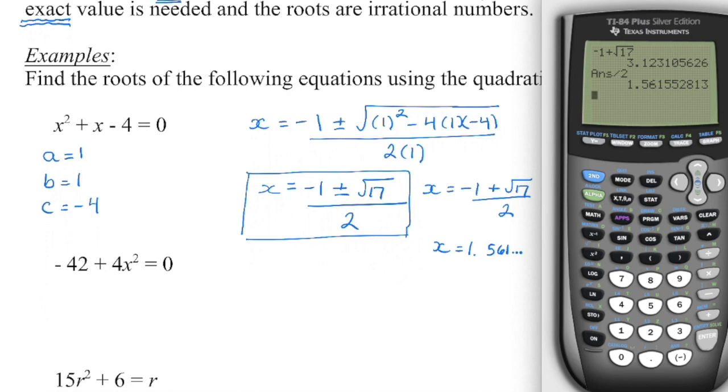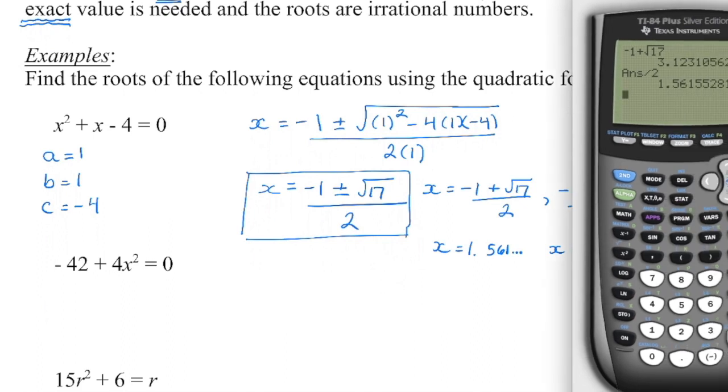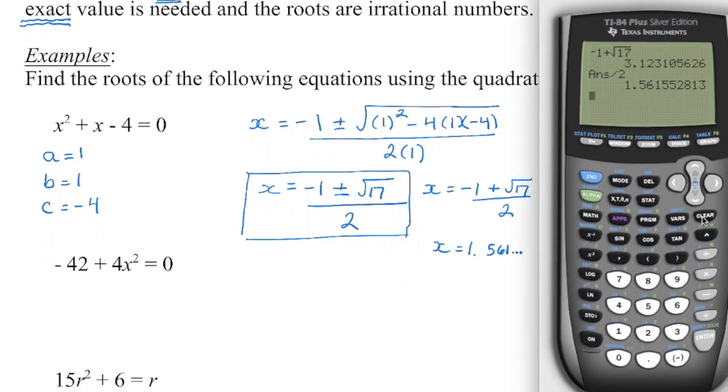And then if I were to do the second one, I'm just going to slide this over, I'm going to do the same thing, but I'm going to do the minus. So we're going to have -1 minus the square root of 17 equals. And again, you can put that in brackets if you'd prefer. Divide that by 2.